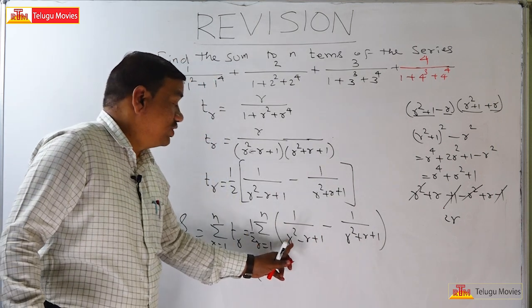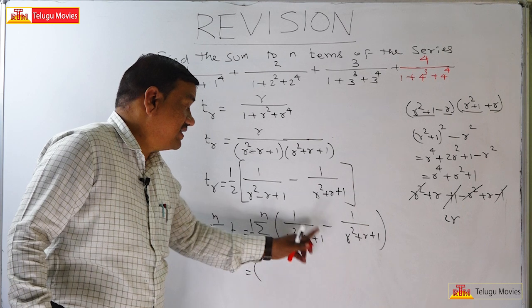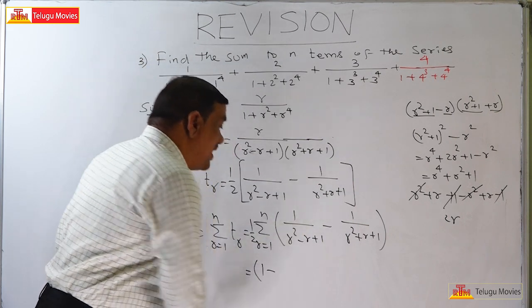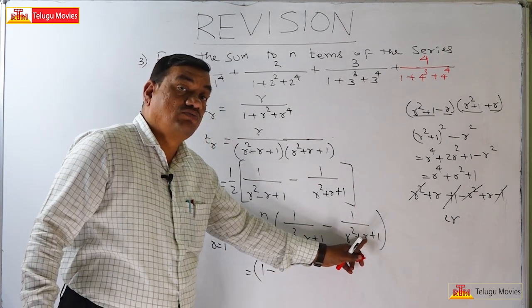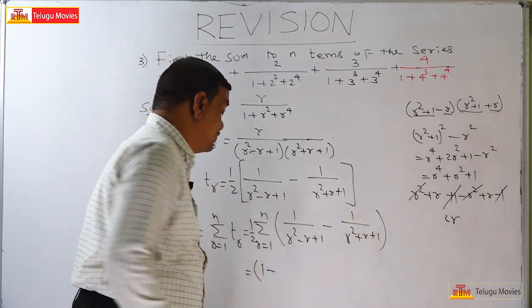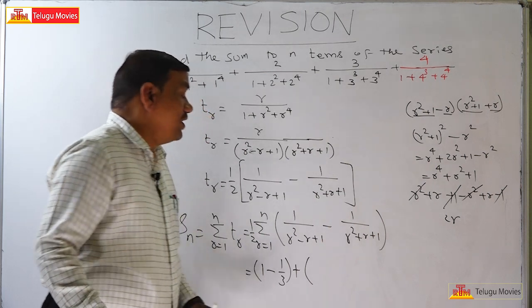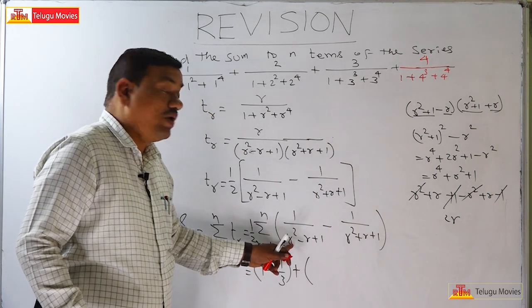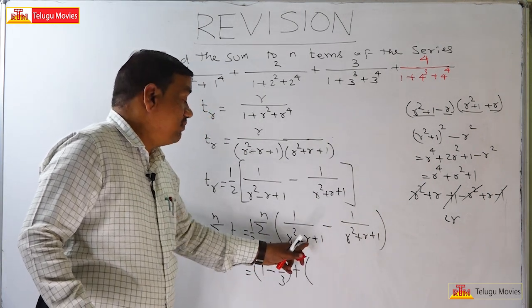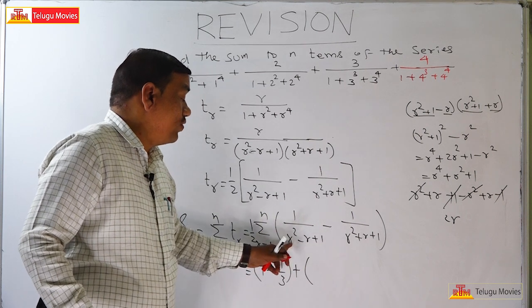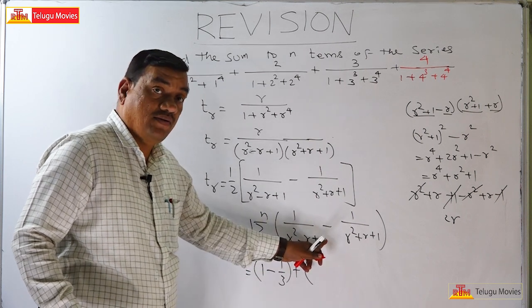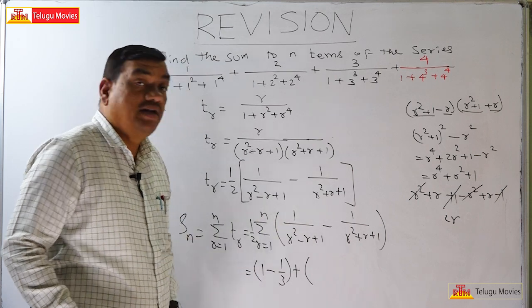First, r is equal to 1. If you substitute r is equal to 1, 1 minus 1 cancels, so you will get 1 minus, 1 square plus 1 plus 1, so this is 1 minus 1 by 3. Plus r is equal to 2 you substitute: 2 square minus 2 plus 1, 4 minus 2 is 2, plus 1 is 3.